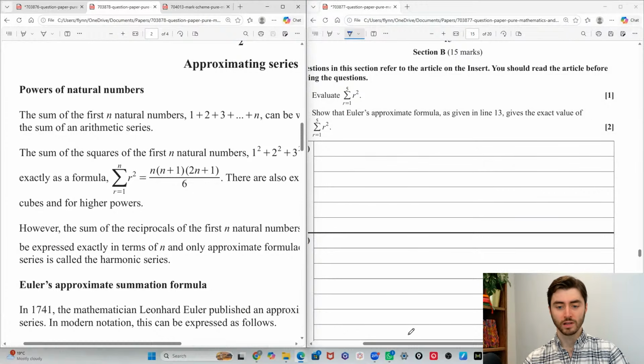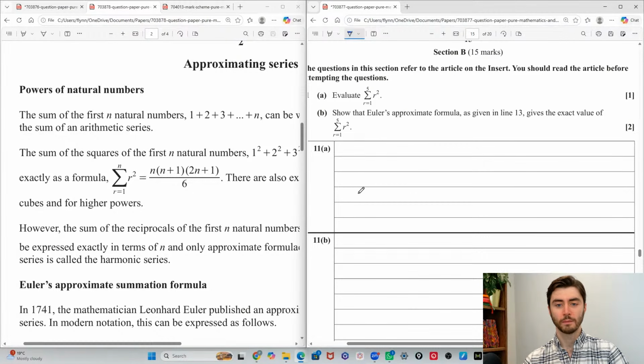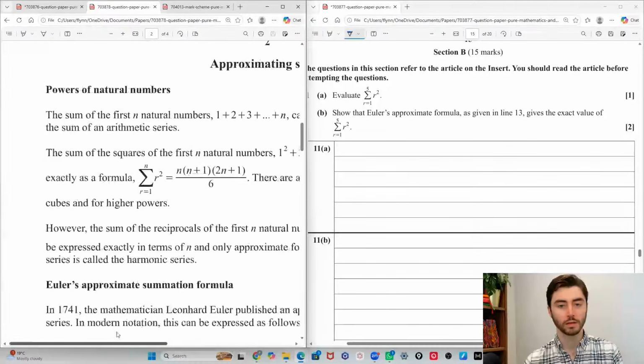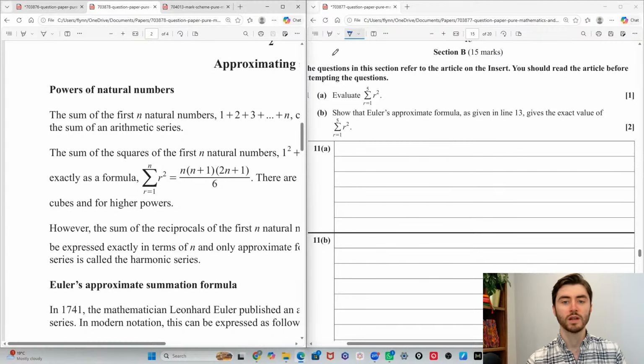Let's now answer the questions, because a lot of it last time was able to be done sort of on its own. So here, evaluate this thing. Show that on line 13. So the first one, I'll do it a couple ways.